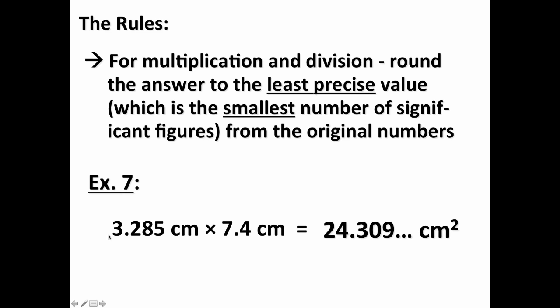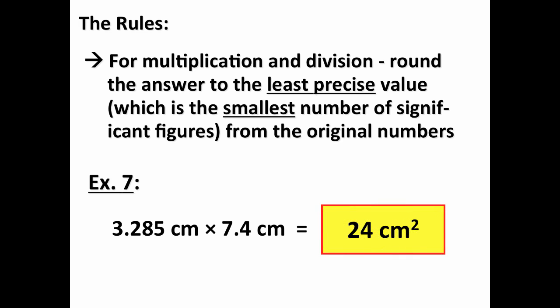Well, this is a 4 sig fig number, this is a 2 sig fig number, so we're going to round off our answer to only 2 significant figures. Note, we don't truncate, we round, but here this is 3, which is going to round down, so we're going to round this to 24 centimeters squared, a 2 sig fig answer.